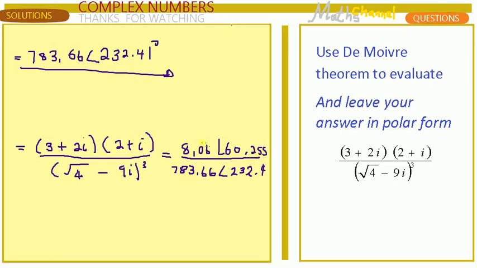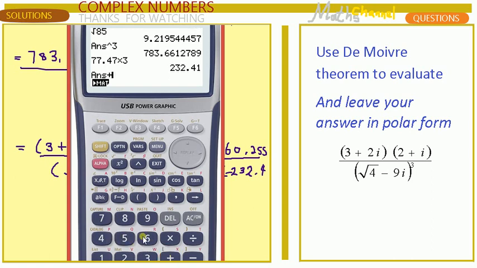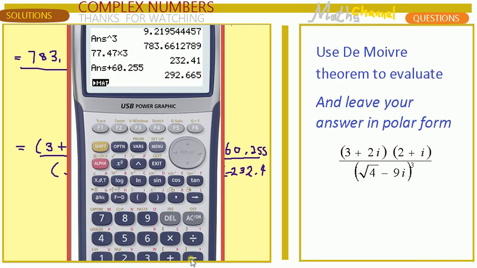Now we'll divide the radius and subtract the negative angle, that is, add the angle. So we'll say it's 60.255 plus 232.41, which gives 292.665.